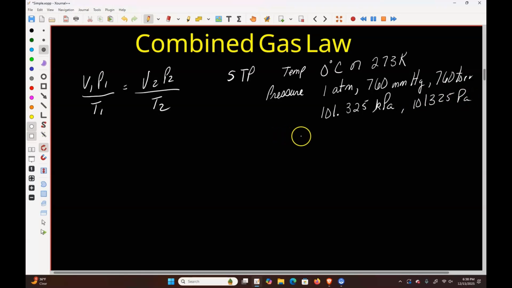Also, note that 1 mole of any gas at STP will be 22.4 liters.